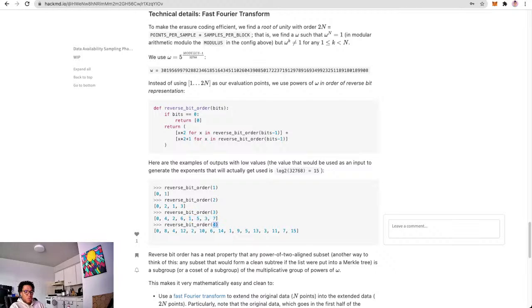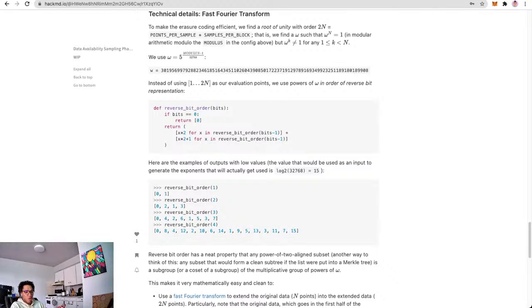If you put reverse bit order 4, the first one seems to always be an index of 0, and then 8, 4, 12, 2, 10, 6, 14, and 1 up. Okay.